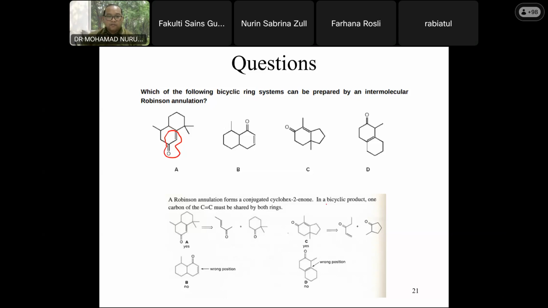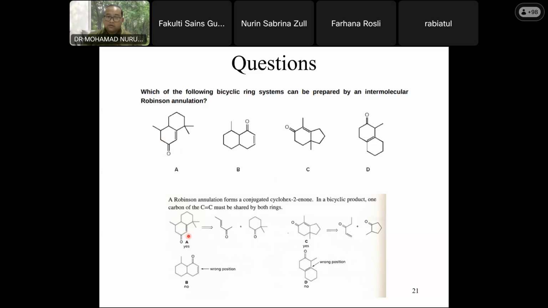In a bicyclic product, one carbonyl, which is the C=C, must be shared with both rings. For this one, yes, this can be prepared by Robinson annulation.